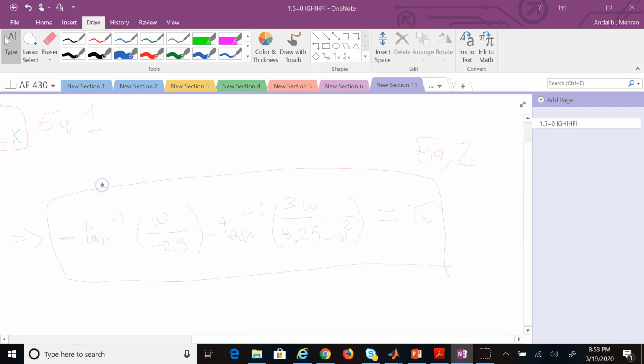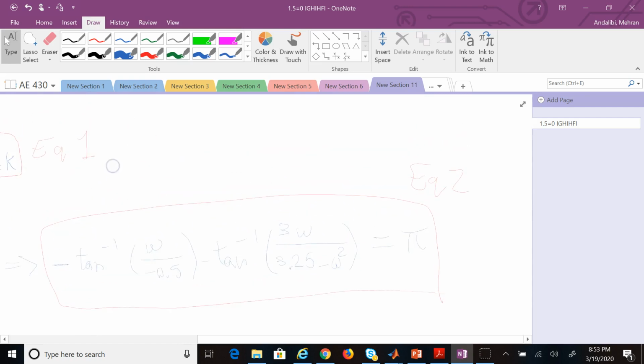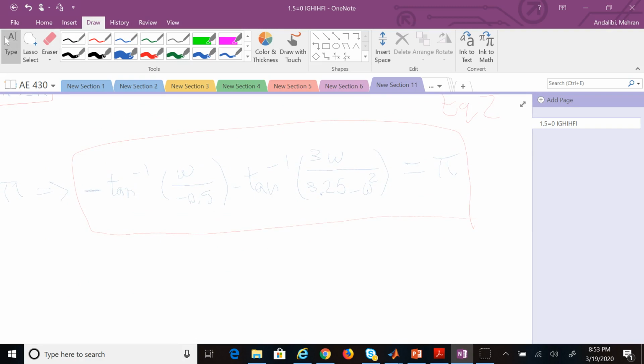So in order to do that, what I need to do in order to solve this equation is, I take tangent from both sides of the equation.